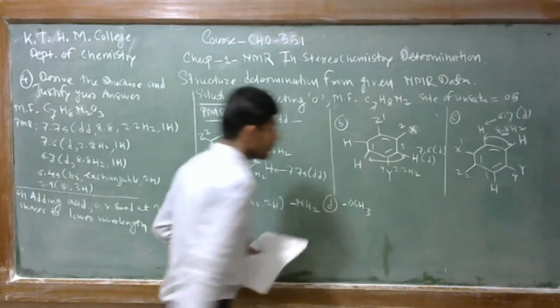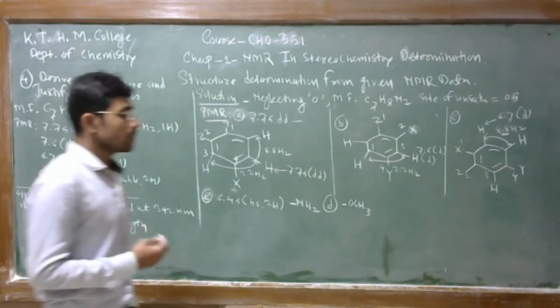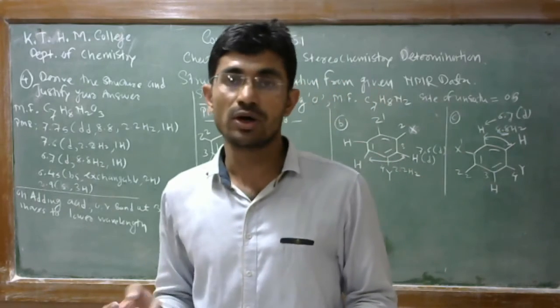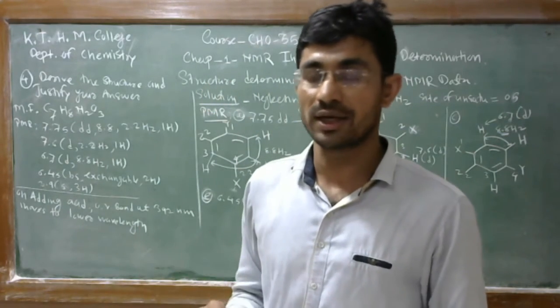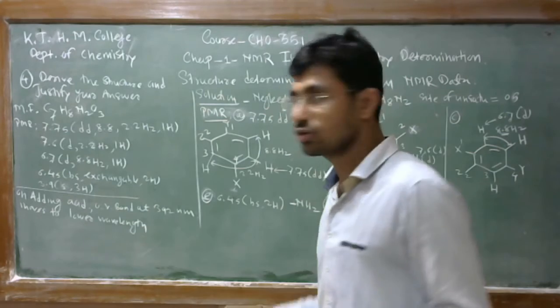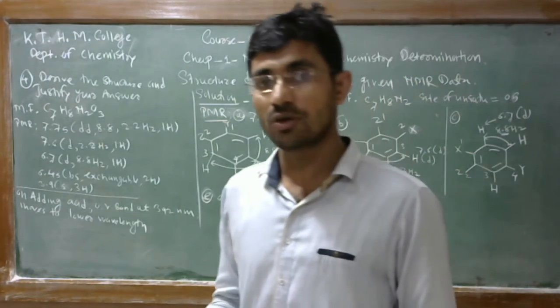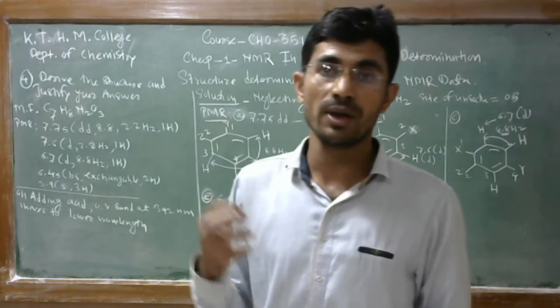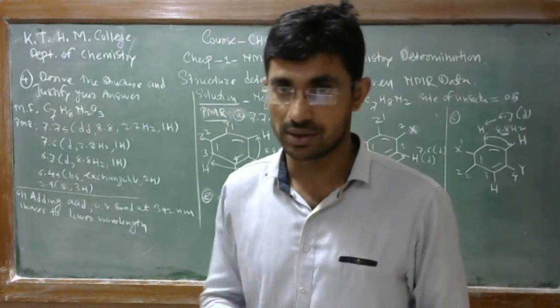So like this, in the possible structure methoxy is one of the groups attached over the aromatic ring. Also NH2 is one of the groups attached over the aromatic ring. Means NH2 and methoxy, these 2 groups may be attached over the aromatic ring.